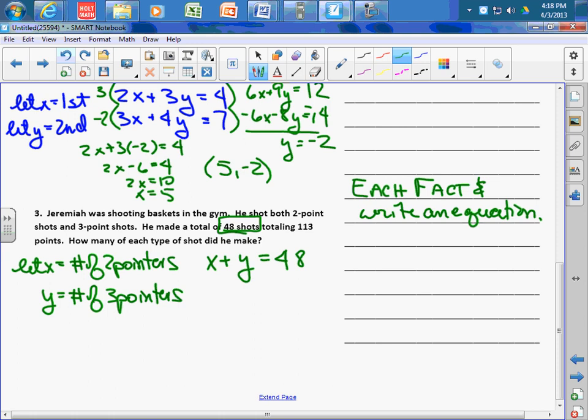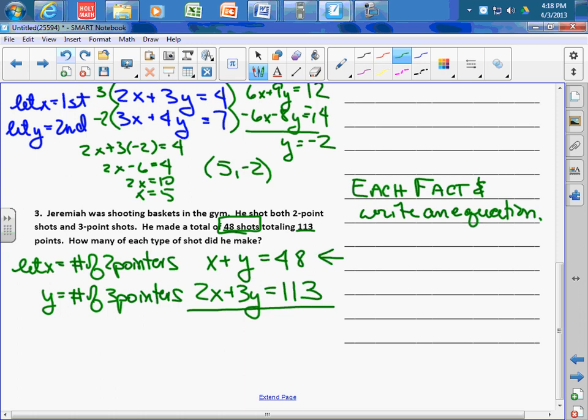Now, he scored 113 points. So wouldn't we take 2 times the number of two-pointers? We'd take 2 times those number of baskets plus 3 times the three-point shots, and altogether he made 113 points.